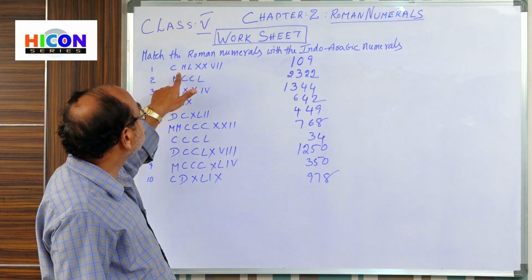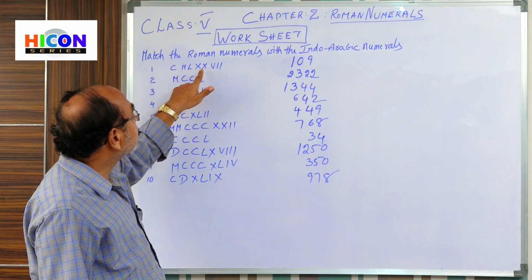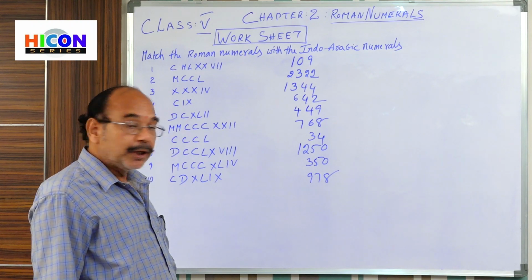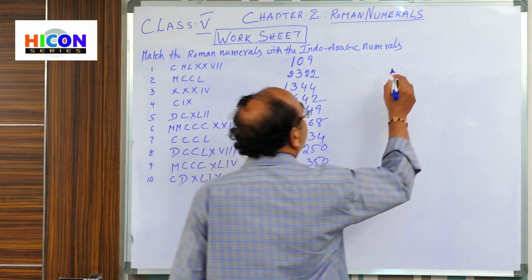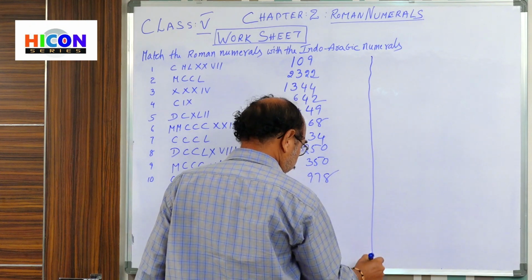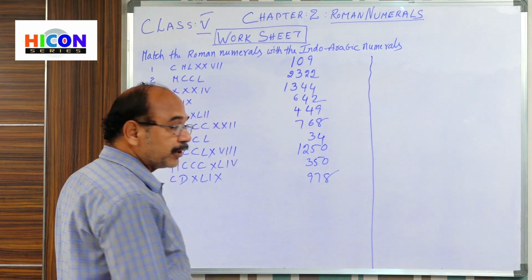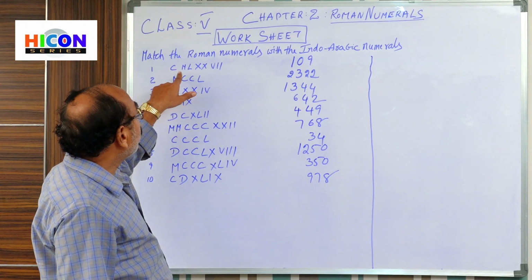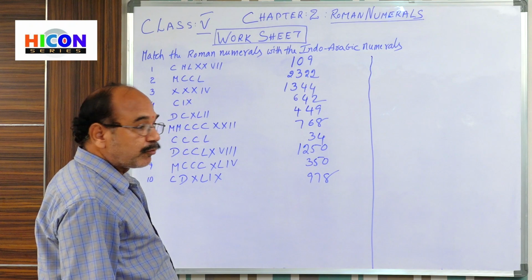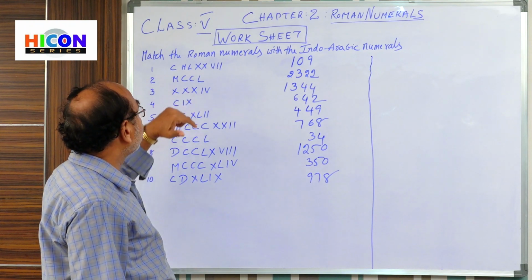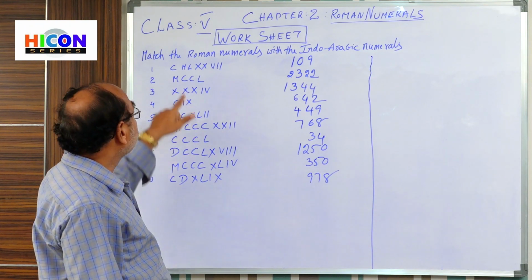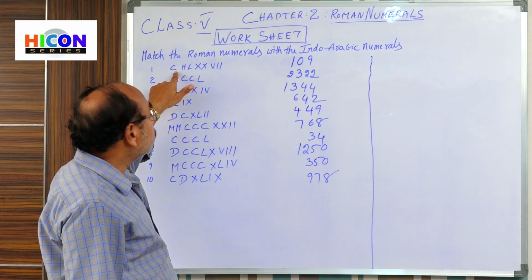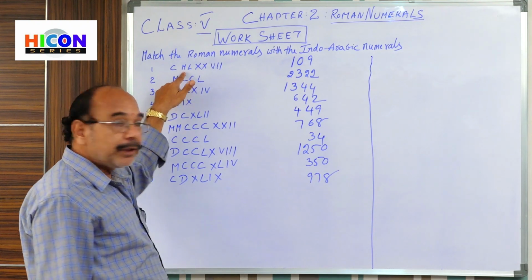Okay, see what this is here. First one, CMLXXVII. What number does it represent? We can see the rough work in the right side corner. Here CM means 900. Why? Because C is the small letter and M is the big letter.